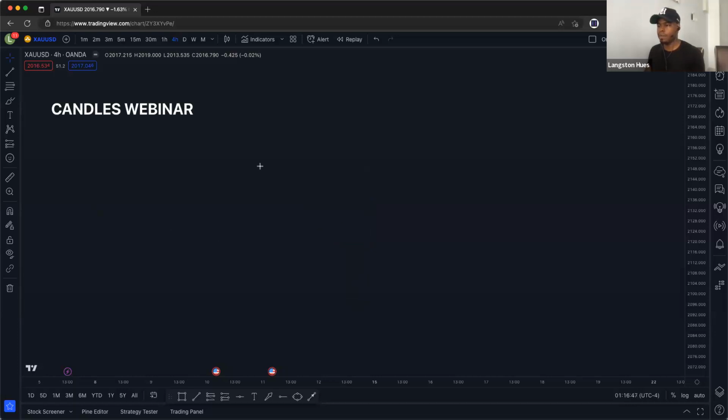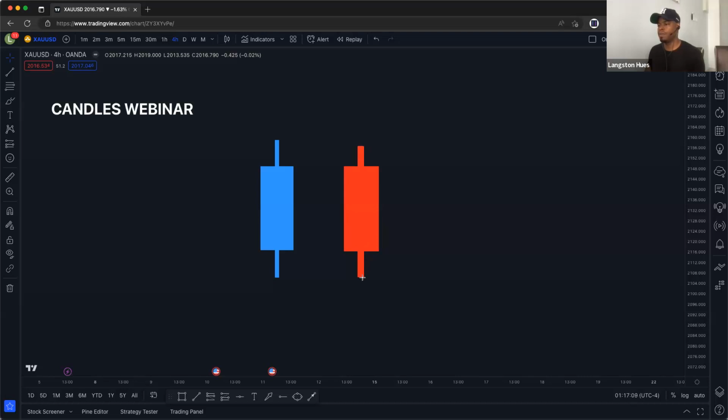So now let's look at the anatomy of a candle. So ideally, this is a candle, right? This is a bullish candle. And then we have our bearish candle, indicating that price is falling. So when we look at the anatomy of these candles, this is a portion of the candle.